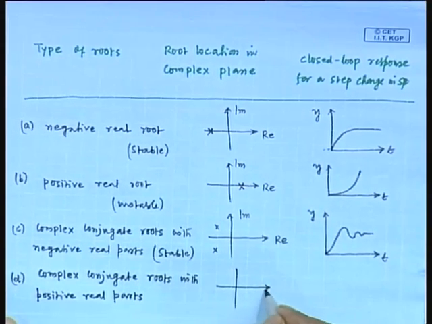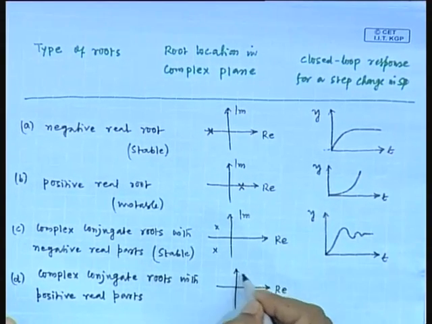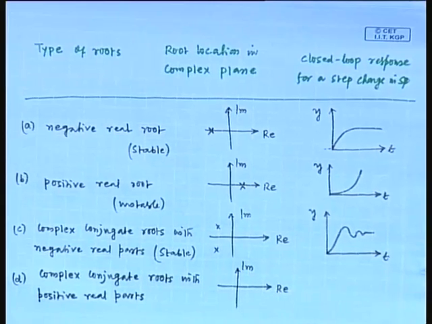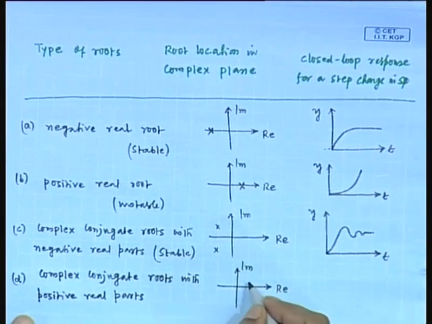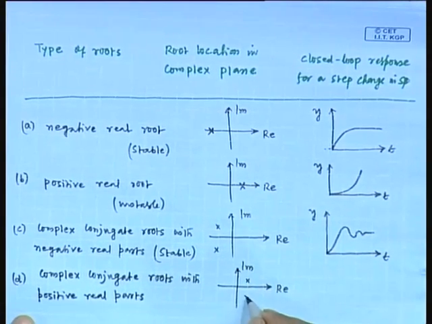So, if we locate the roots in the complex plane, it looks like this. These are two roots, complex conjugate roots, which have positive real parts.